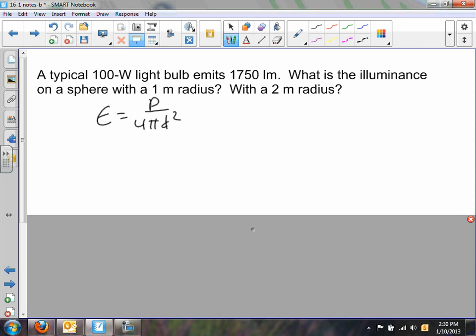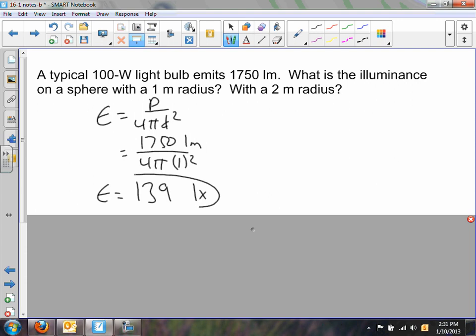So take your 1,750 lumens divided by 4 pi times 1 squared. And when you multiply that out, 1,750 divided by 4 pi times 1 squared, you get 139, and the units are lux.